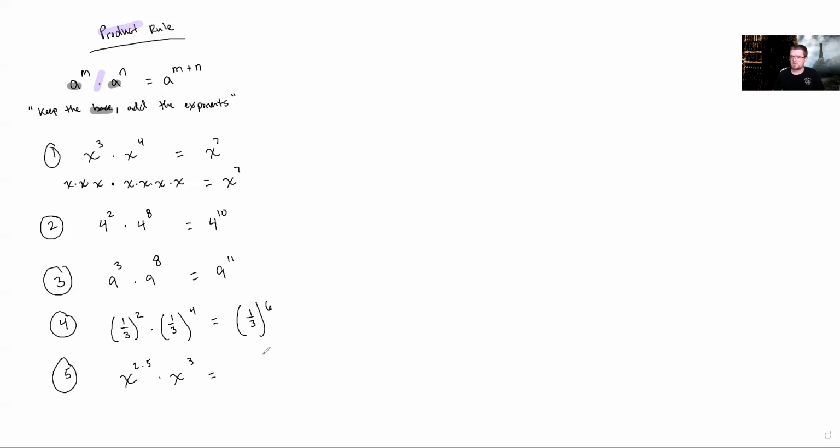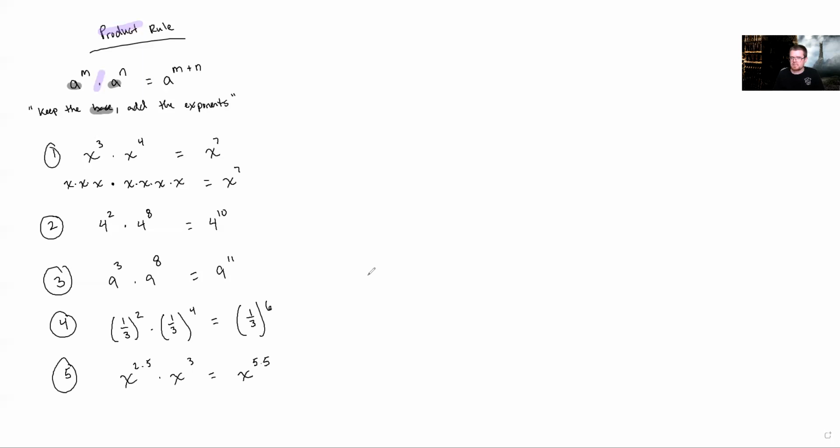As long as the bases are the same, the rule is keep the base, add the exponents. Now, if the exponents are not integers, that gets into a little more advanced math where we have simplified radicals, we have fractional exponents, all kinds of crazy stuff, but we're not dealing with any of that here for fundamentals, but just be aware of it if it comes up, that those same rules apply.